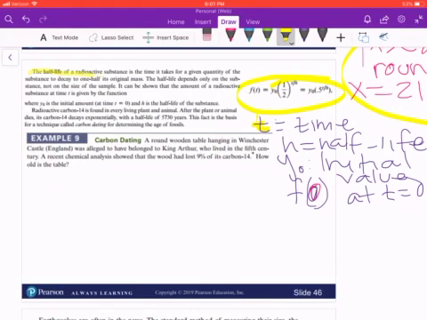So the half-life of a substance is going to be the amount of time that it takes for a given quantity of the substance to decay to 1/2 of its original mass.